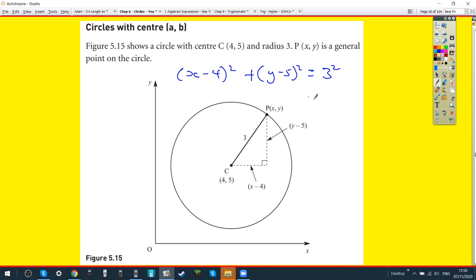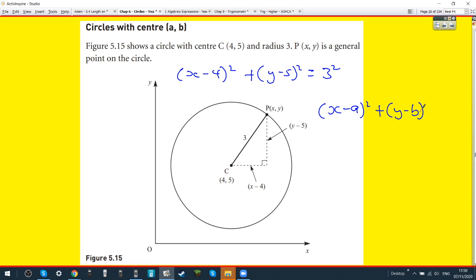Yes, so in general, all circles can be written in the form x minus a squared plus y minus b squared equals r squared. The center is (a, b).